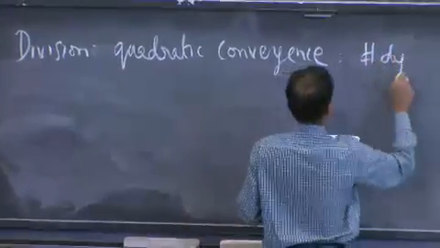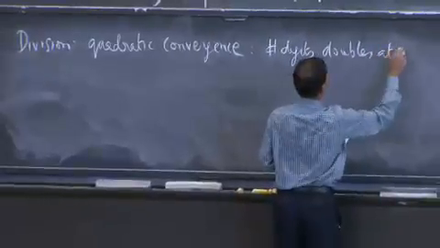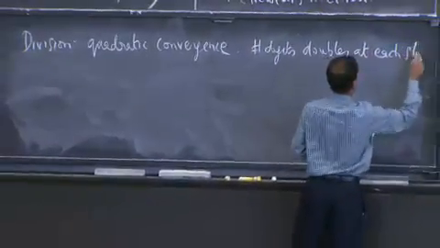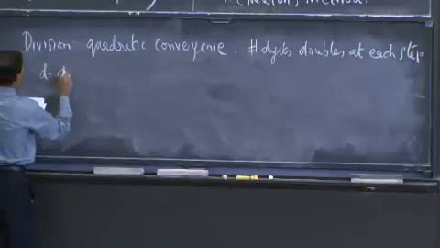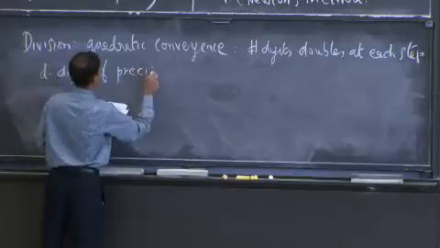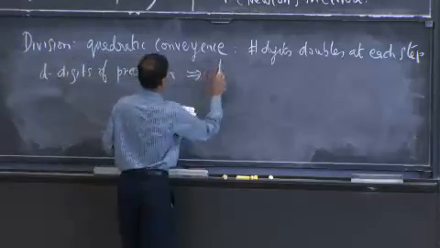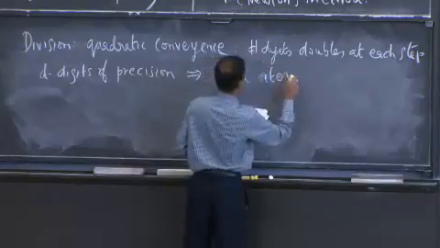So the number of digits doubles at each step. Good news. So d digits of precision requires log d iterations.